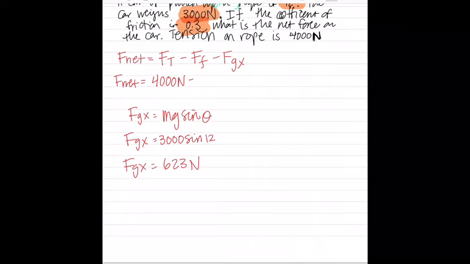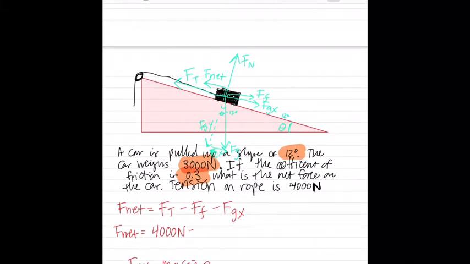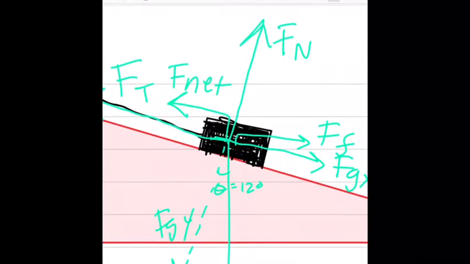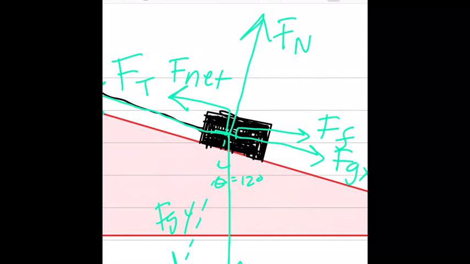Now, here comes the tricky part. We have to calculate frictional force. Let's go determine how we're going to calculate frictional force. So frictional force depends on two things. The type of surface, which is going to be determined from our problem, the 0.3 that was given to us.